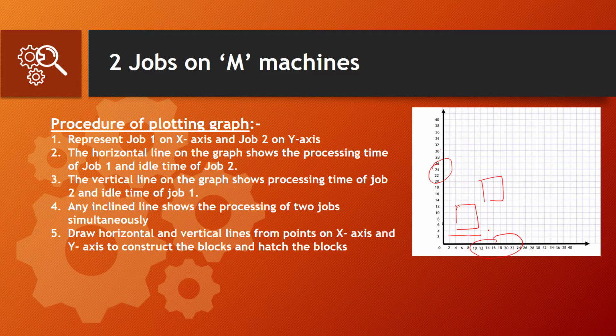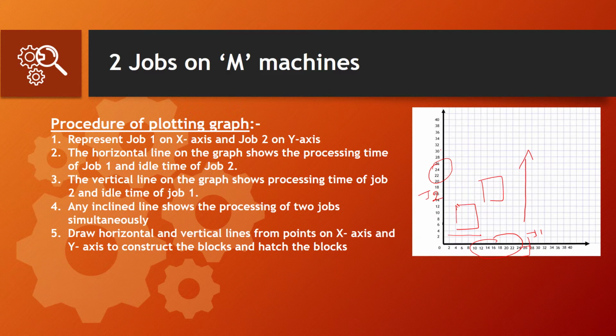Similarly, when the line is progressing along the y axis, it means that job 2 is being processed and job 1 is idle. So along the x-axis job 1 is processing and job 2 is idle, and along the y-axis job 2 is processing and job 1 is idle.